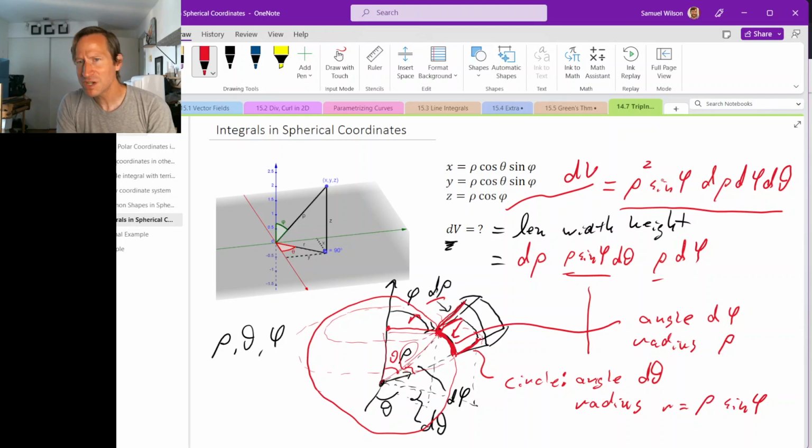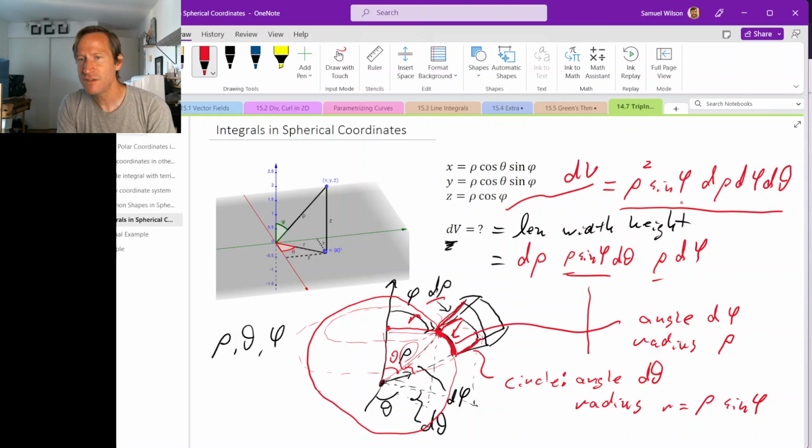For a quick sanity check, let's check why it is that phi shows up but theta doesn't. So if you imagine what shape you get for this kind of wedge for different theta values.